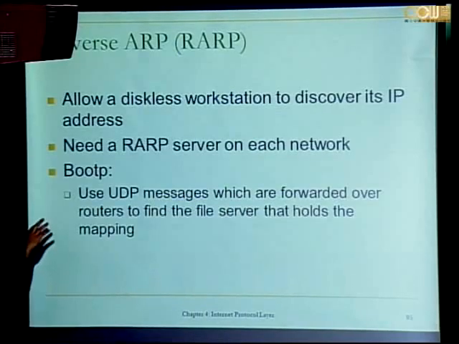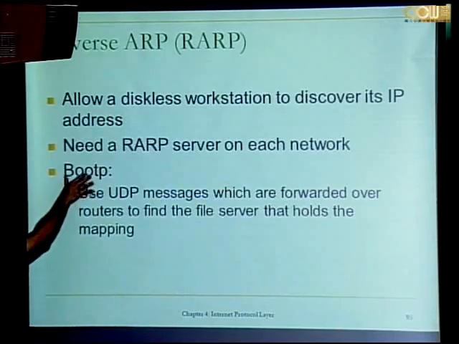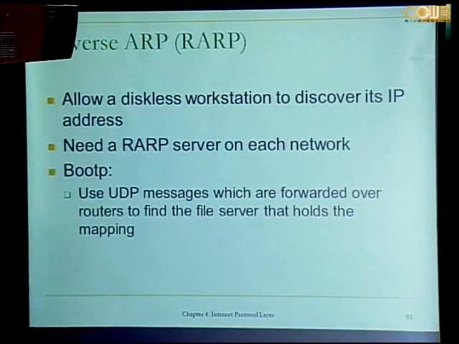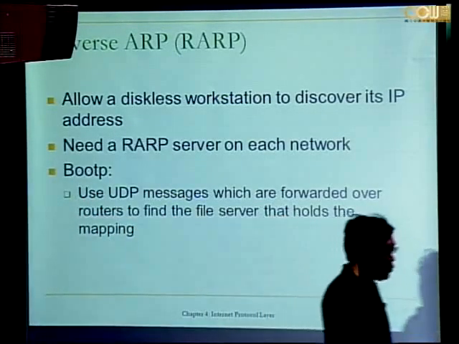However, you need to use the BOOTP protocol, which runs on top of UDP, to cross the subnet boundary. So when you have no RARP server on the subnet, you need to cross the boundary to ask, using the BOOTP protocol, which runs on top of UDP, and you ask the BOOTP server. The BOOTP server would reply to you with your IP address.